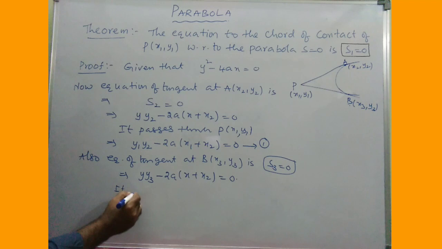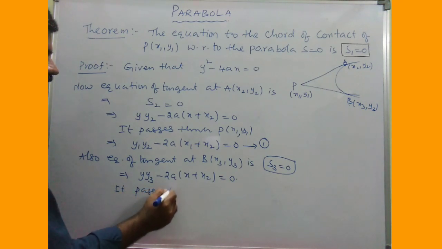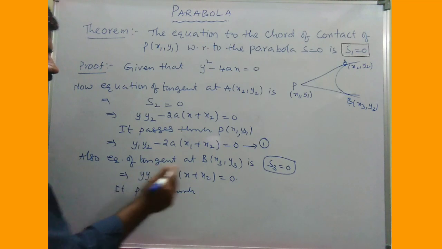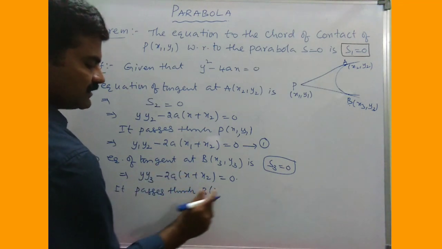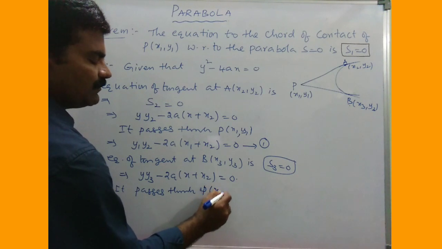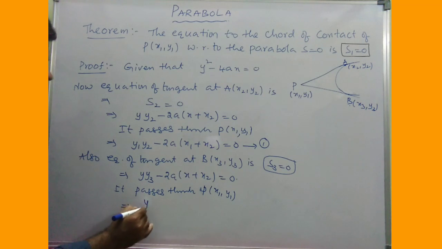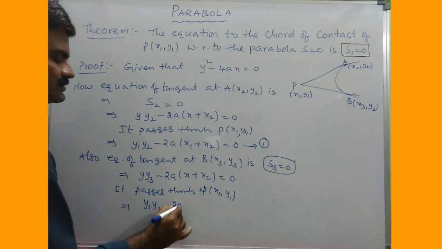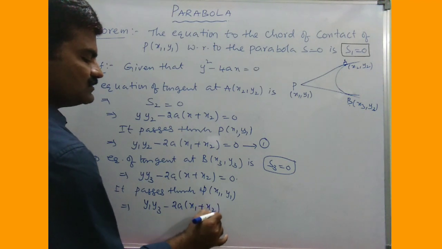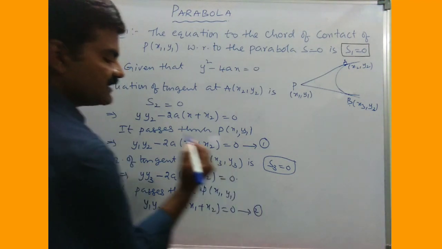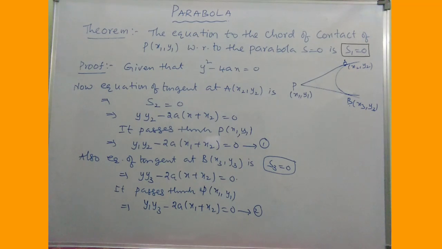Once again it passes through the point, sorry, not point B, P (x1, y1). That implies, because it satisfies, this becomes y1 y3 minus 2a into (x1 plus x3) equals 0. Let it be considered as equation number 2. So finally we got the equation of tangent at A and the equation of tangent at B.